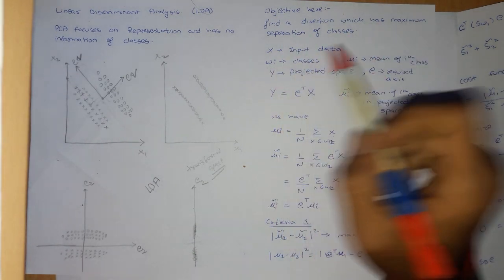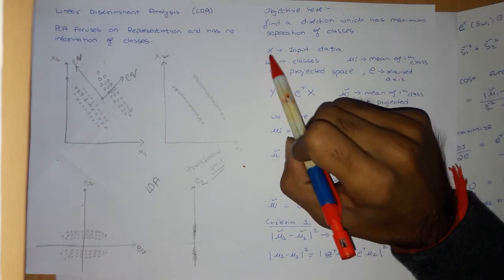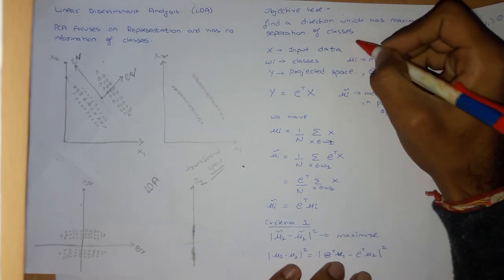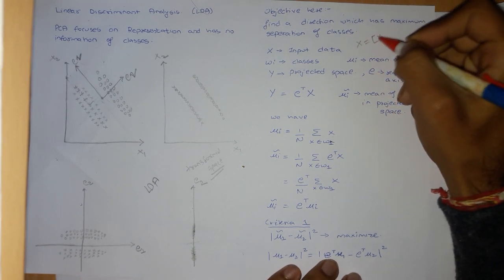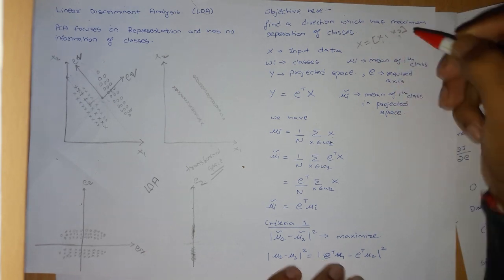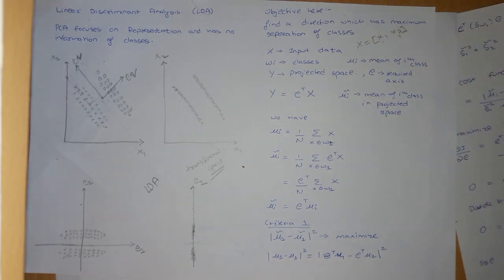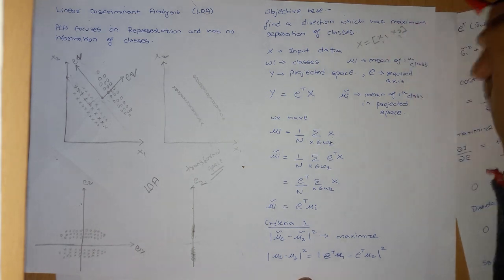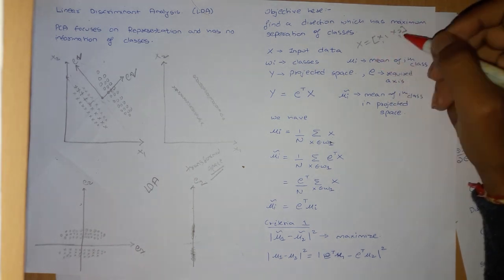Okay, so now let us see some of the notations. x is my input data, so x is equal to x1 x2, where x1 and x2 are the features. Suppose I am taking two features, but in general you can have n features; for simplicity I am just taking two.